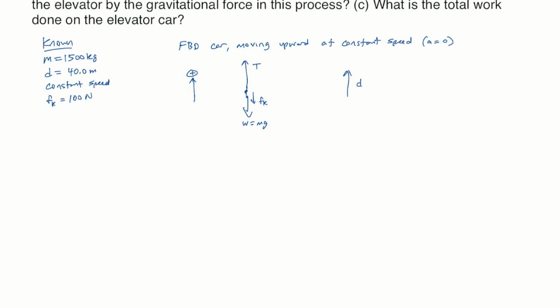All right, and so if we sum the forces, since it's moving at constant speed, the sum of the forces is 0. All our forces lie in the vertical. We've got an upward tension, then we've got a downward friction, so we subtract friction, and we have a downward weight, so we subtract mg, and that is 0.